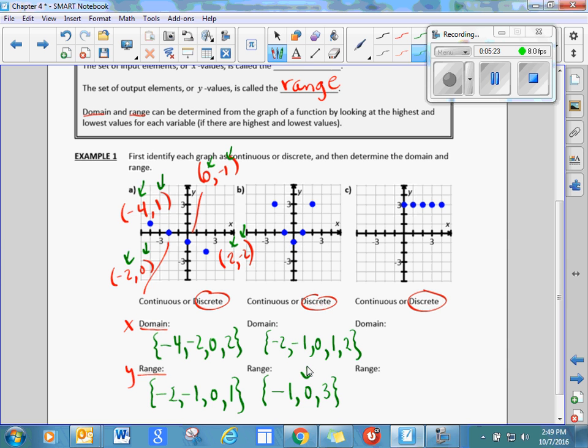We're only going to list that 0 one time in our list. So we've got -1, 0 that we list in our set builder notation for range. Similarly, with 3, this point cuts the y-axis at 3, and this point has an ordered pair with a y value of 3 as well. That's why there's only 3 entries.